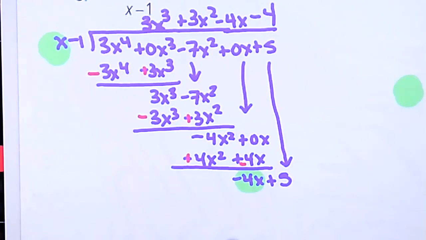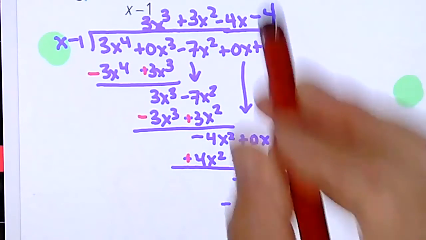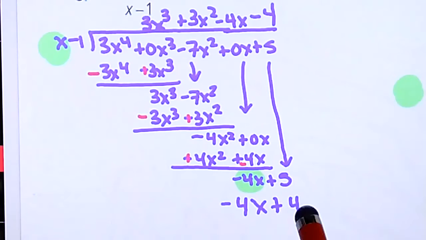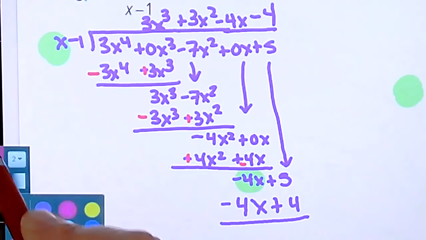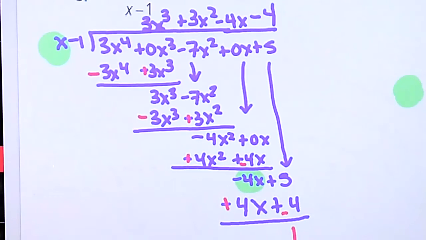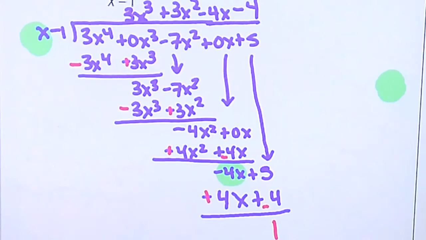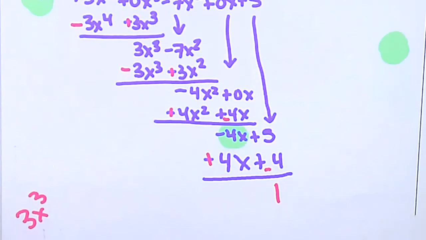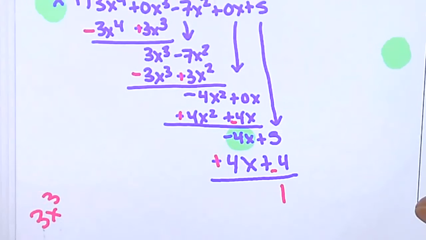So negative 4 times x is a negative 4x. Negative 4 times negative 1 is a positive 4. I'm going to change my signs because I'm going to subtract, so that's a plus. This is a minus. I end up with a 1. So my final answer is going to be, I'm going to write it here, 3x to the third. I'll get it in the screen.